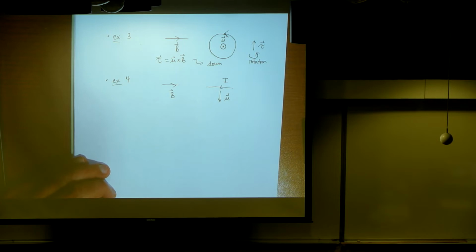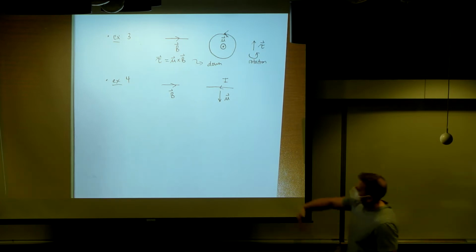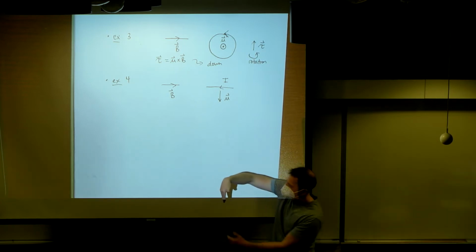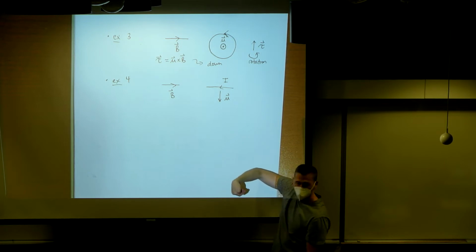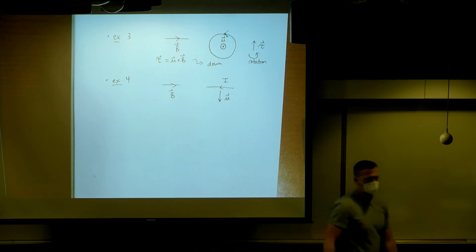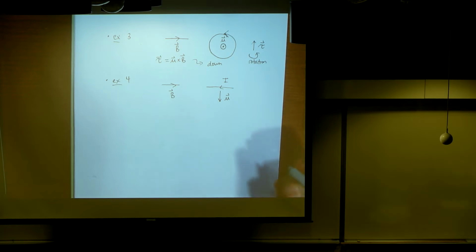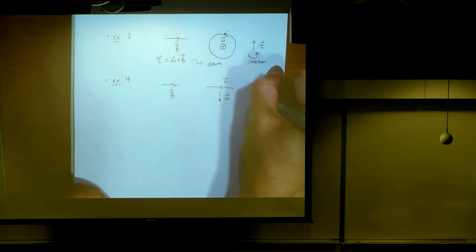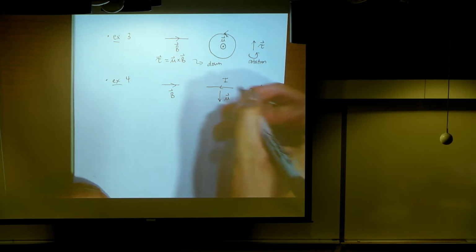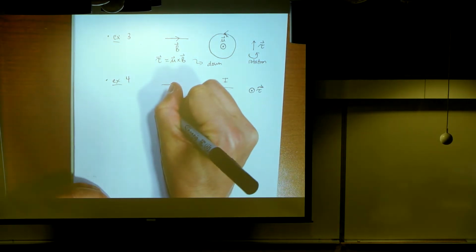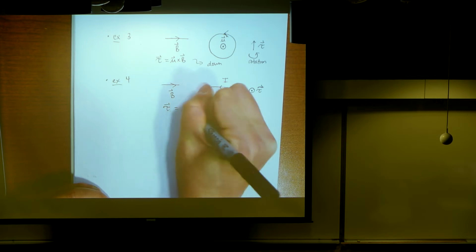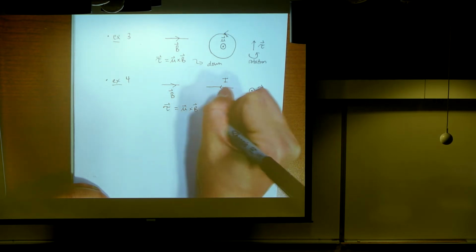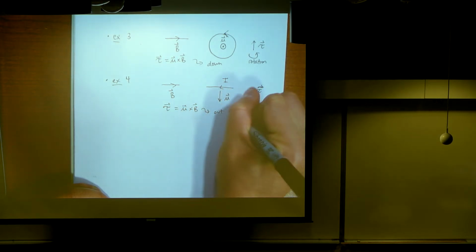Out of the page. Yeah, it looks like that's right. If I do mu cross B like this, my thumb ends up pointing out of the page. So now my torque vector is out of the page like this. So here, torque, which is mu cross B, ends up going out of the page.